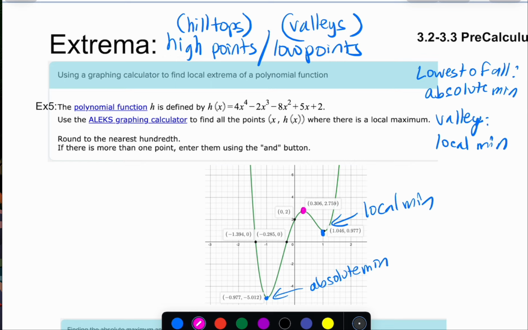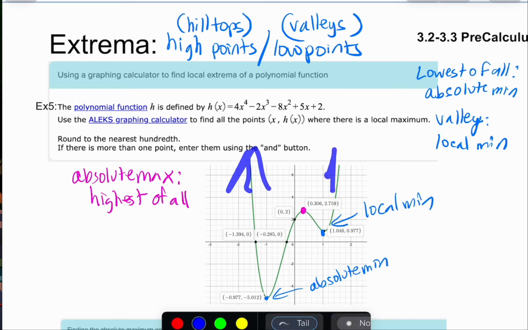Now, this point right here, an absolute maximum, is the highest of all the points of the graph. This graph does not have a high point because these are going to keep going up forever and ever. But it does have what's called a local max.